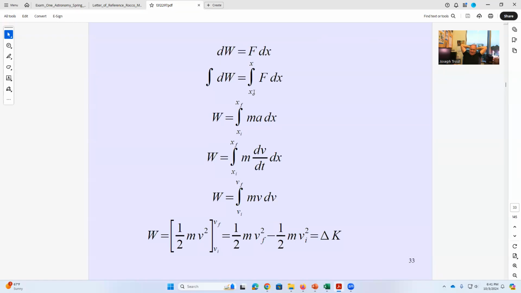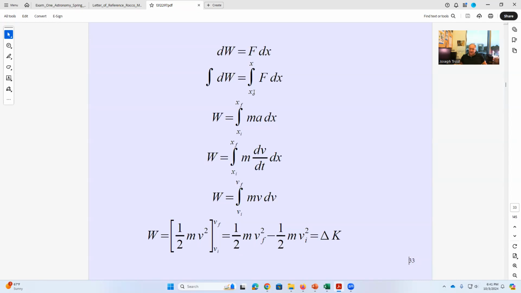And it's the mass times the acceleration for the force, times dx. But the acceleration is dv/dt, and the velocity is dx/dt. So we end up with the integral, from v initial to v final, of the mass times v dv.